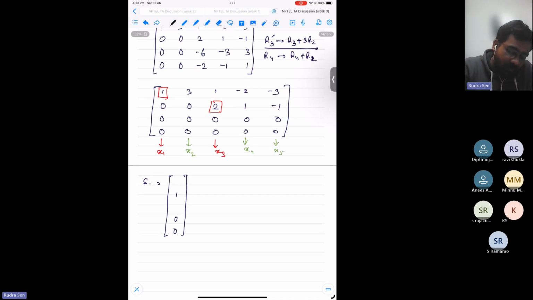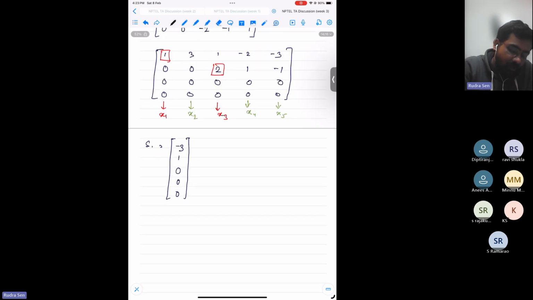Now x4, x5, x3 all are 0, x2 equals 1, and x1 should be what, so that the whole thing equals 0. So x1 should be minus 3, right?